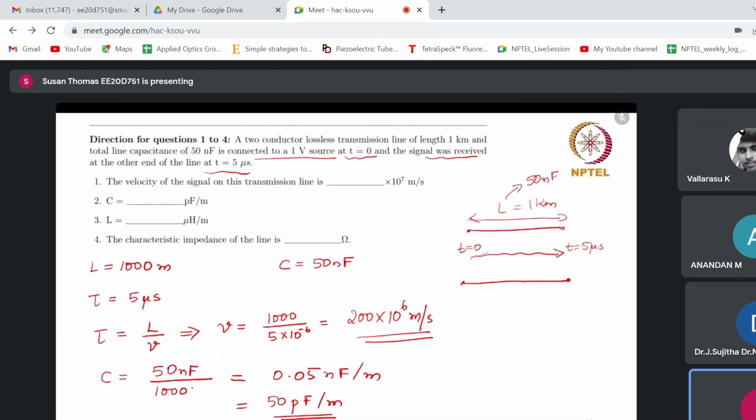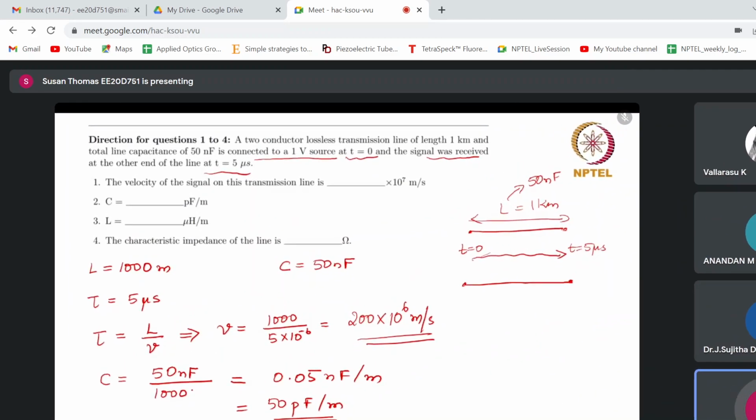So now we know the capacitance and we also know the velocity. Once you know velocity and capacitance, can you calculate L, that is inductance? We know that velocity is 1 by root LC. From this we can calculate what is L. It's very simple. Can you all try this quickly?